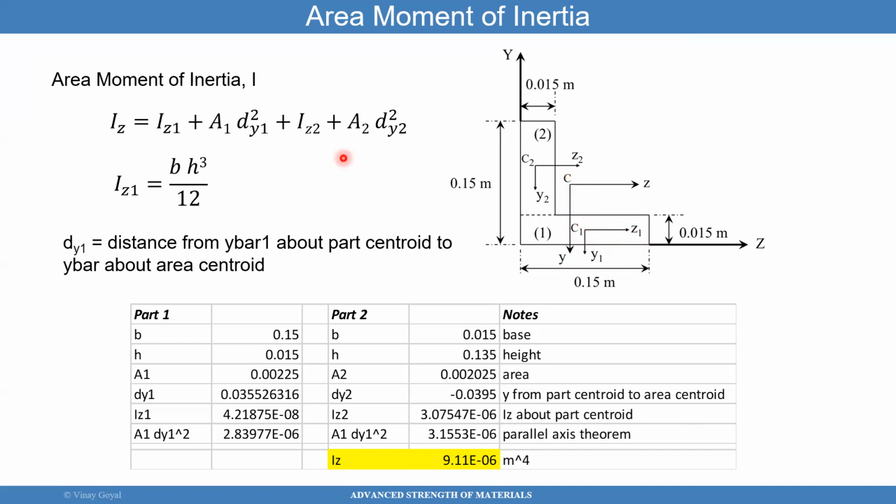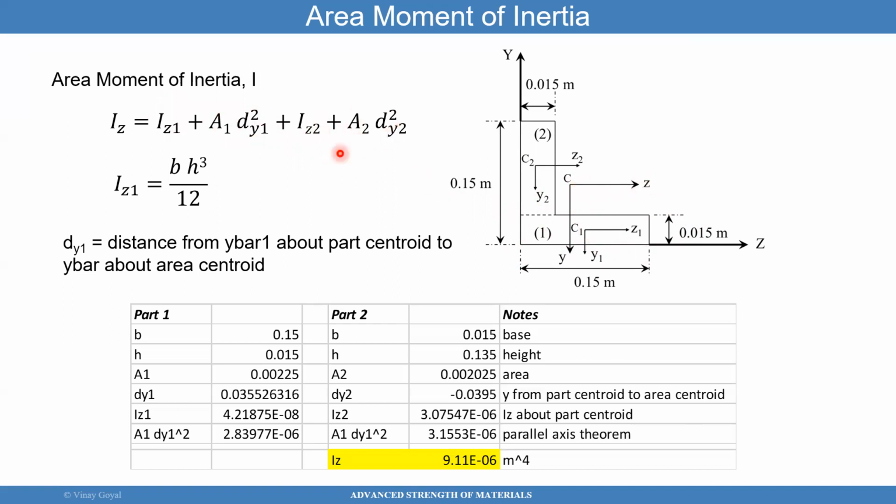In this case, that's dy1. dy1 is calculated as 0.0355, and that's going to be squared. That's how you take this moment of inertia of part 1 about Z1 and use the parallel axis theorem by adding the area of that part times the distance between the centroid to the centroid of part 1 squared. And by doing so, you're able to get the moment of inertia about Z.